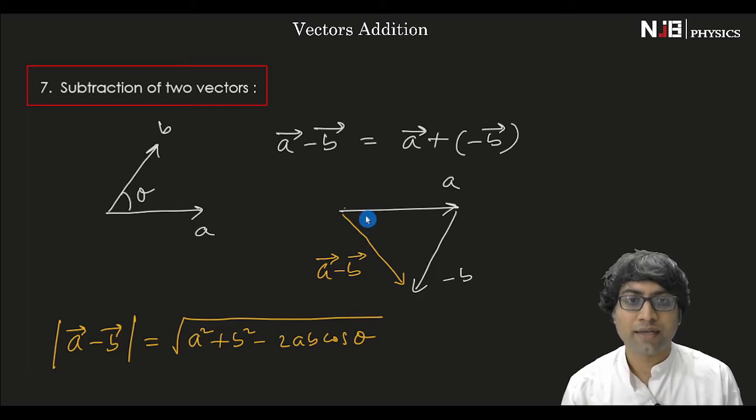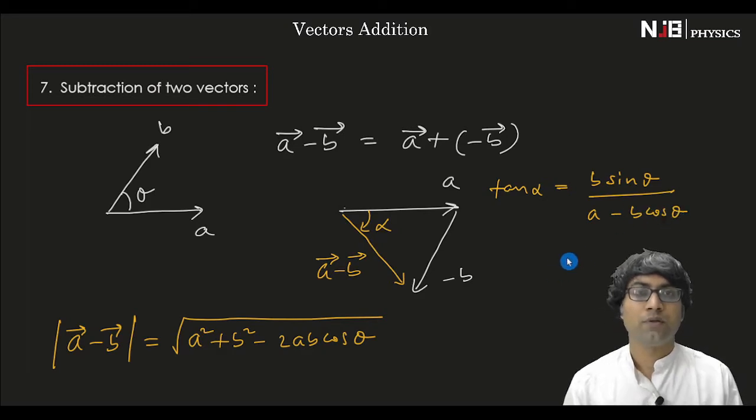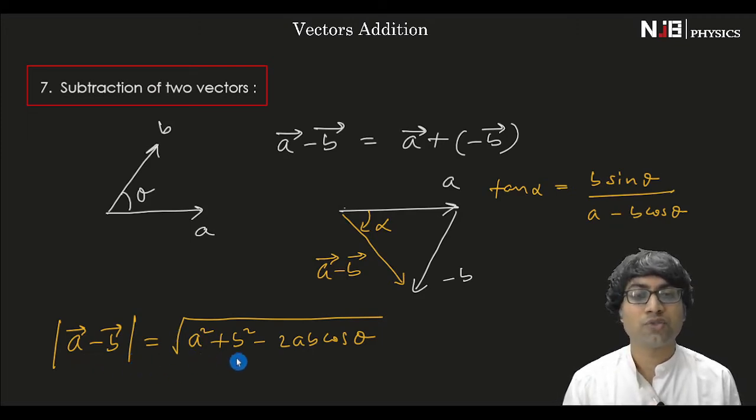And what about the angle made by this resultant, a vector minus b vector, with the first vector? Let's say it is alpha. So tan alpha will be equal to b sine theta divided by a minus b cos theta. Though this is rarely required, most of the time we will require the magnitude of a vector minus b vector, which will be under root of a square plus b square minus 2ab cos theta.